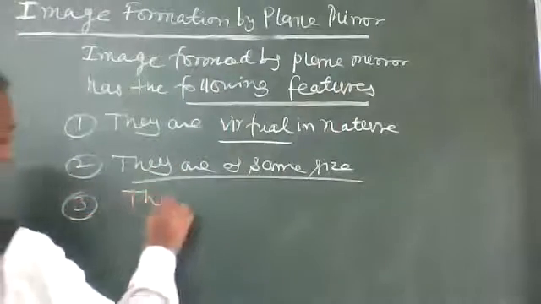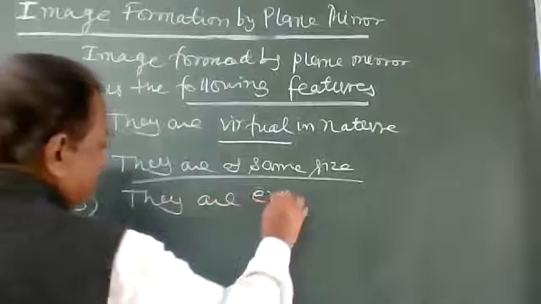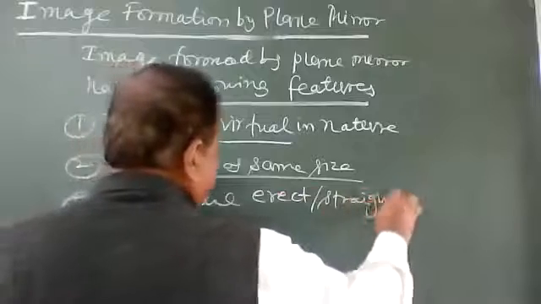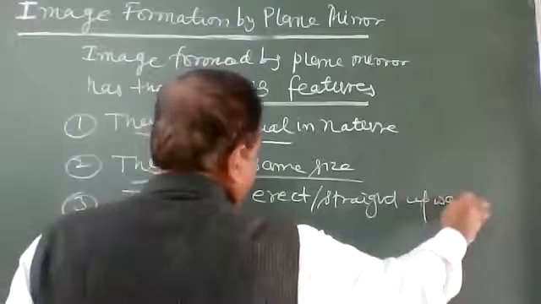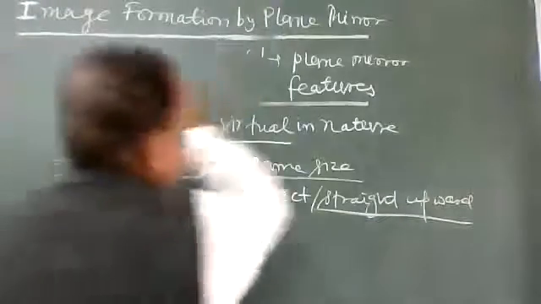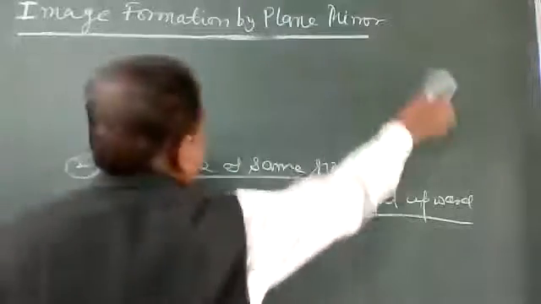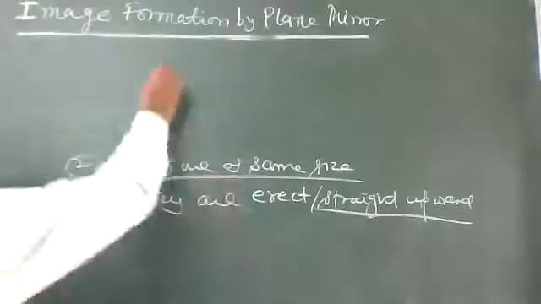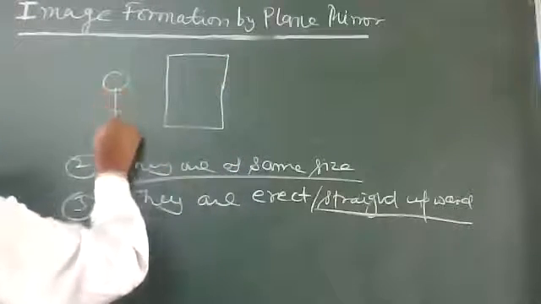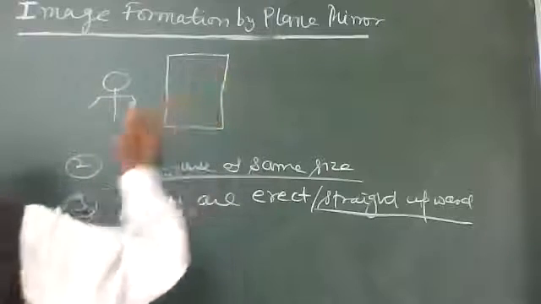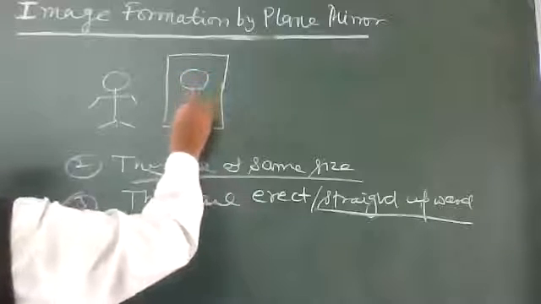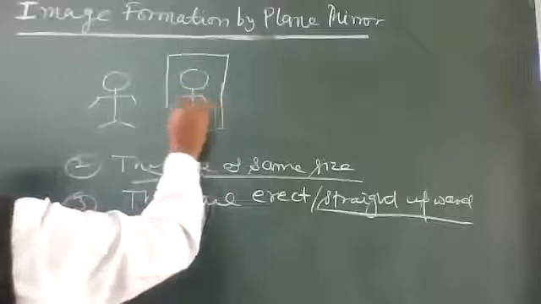Now third is that images are erect or straight upward. The image formed by plane mirror is straight upward. If there is a mirror and someone is standing here, then as it is, there is the formation of the real side.